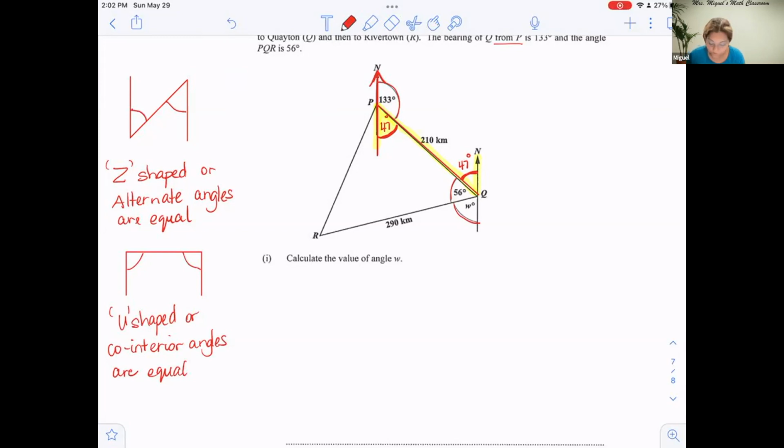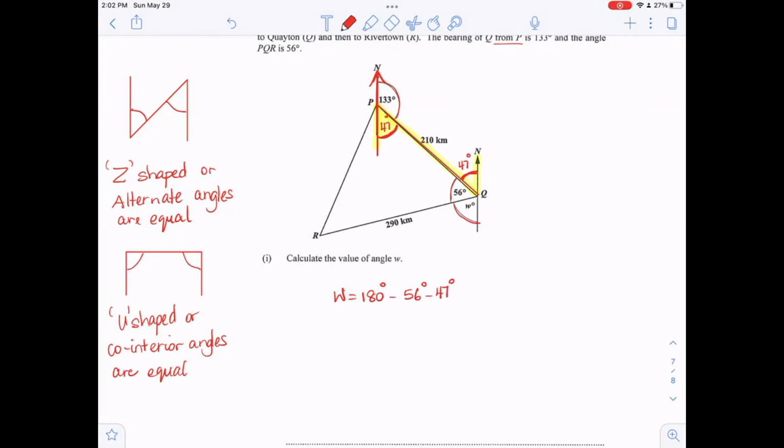All right, so who could give me the measure of W? 180 minus 56 minus 47. W is how much?